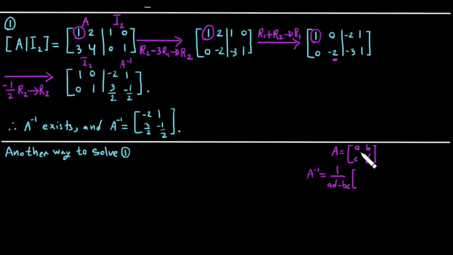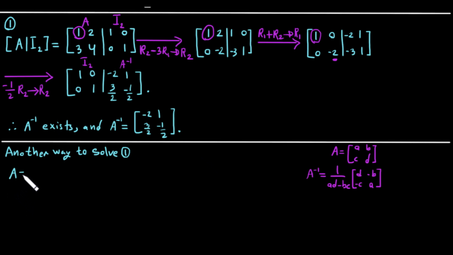Then you have to swap these two, so D and A, and here you have to put negative, and here you have to put negative. So this is the formula you have to use to find A inverse.